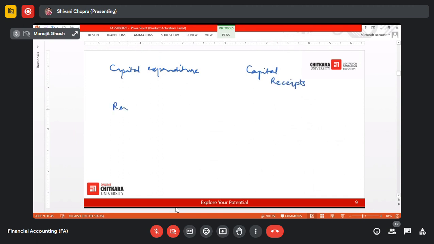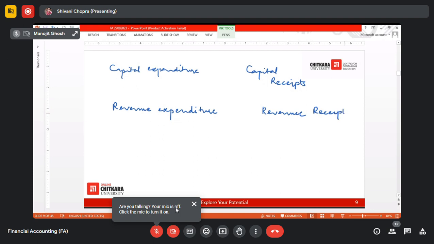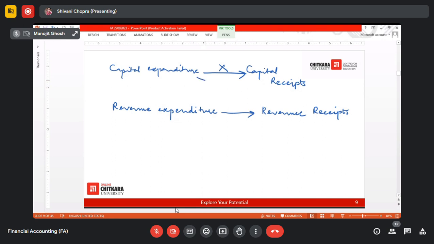You have revenue expenditure, and you have revenue receipts. Revenue expenditure is matched against revenue receipts, whereas capital expenditure is not matched against receipts directly. It is matched against revenue receipts, but in parts.